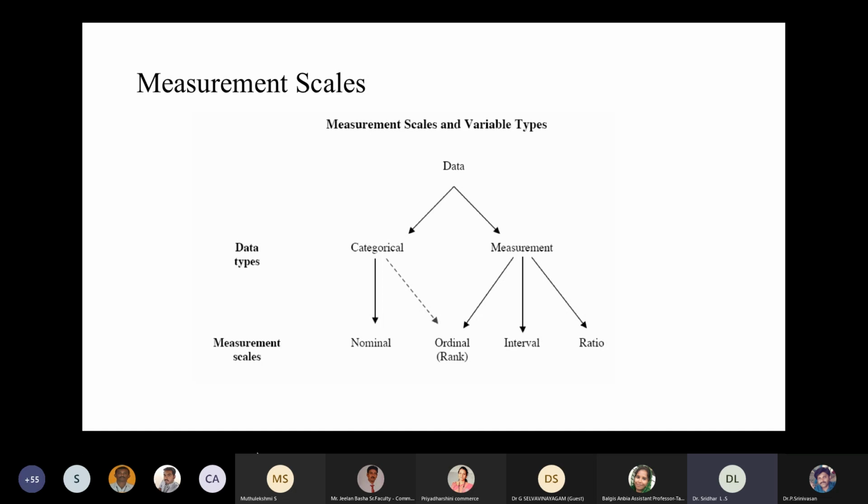That is called the categorical, so it comes under nominal data. We ourselves make a classification, and that is called nominal data. For example, age: for easy understanding of the class, you make a classification like 15 to 20, 20 to 25.